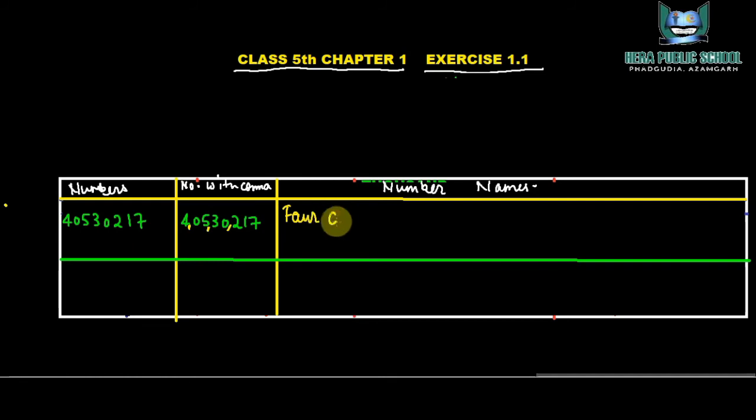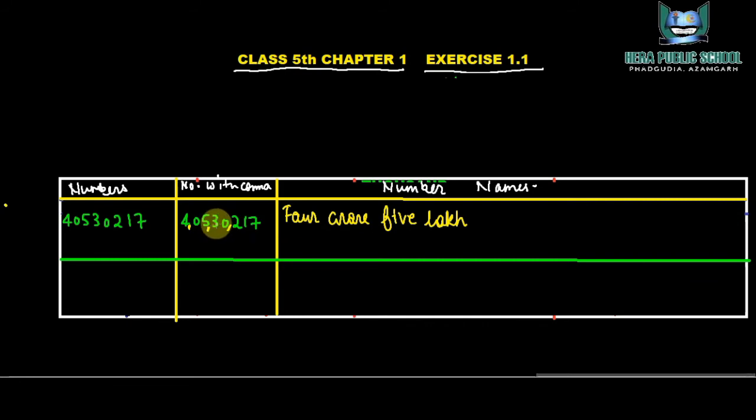5 is in the lakh place because 0 is in the 10 lakh place. So 5 is in the lakh place. So 5 lakh. 3 is in the 10,000 place.